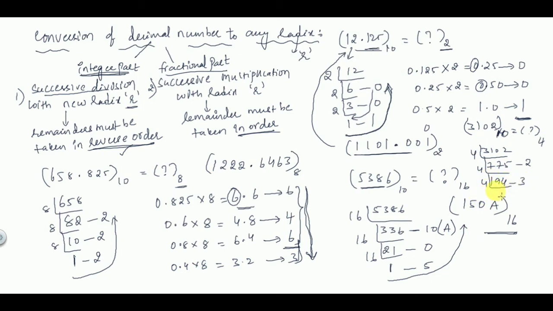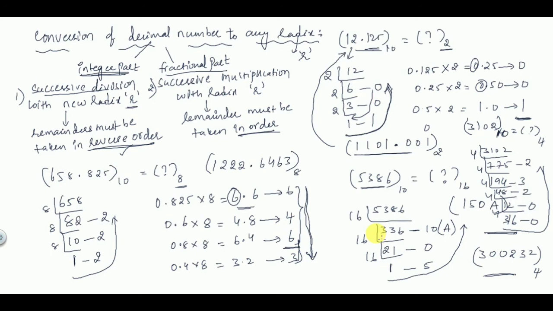Again divide by 4: 4 4s are 16, you will get 34. 4 8s are 32, so the remainder is 2. 4 12s, remainder is 0. 4 3s, remainder is 0. So you have to take them in reverse order, and you'll get 300232 base 4.